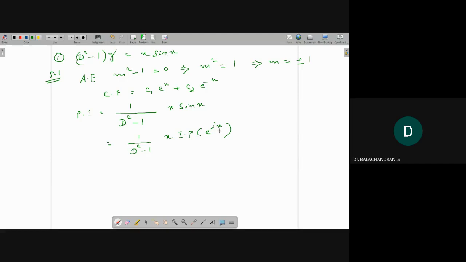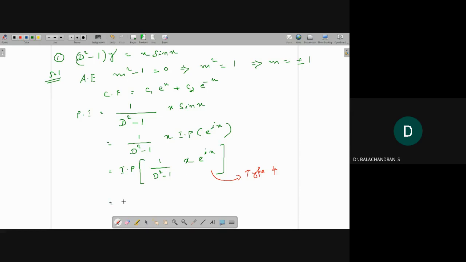E power ix is cos x plus i sin x, so I'll take the imaginary part. So this equals the imaginary part of 1 by D square minus 1 into x into e power ix. Now this is type 4.